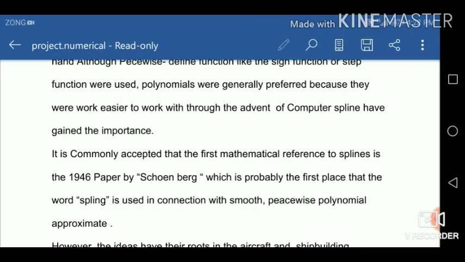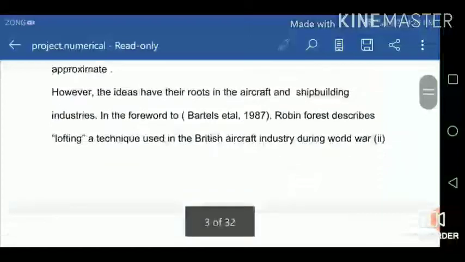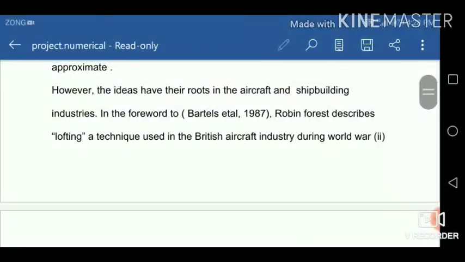It is commonly accepted that the first mathematical reference to splines is the 1946 paper by Schoenberg, which is probably the first place that the word spline is used in connection with smooth piecewise polynomial approximation. However, the ideas have their roots in the aircraft and shipbuilding industries.